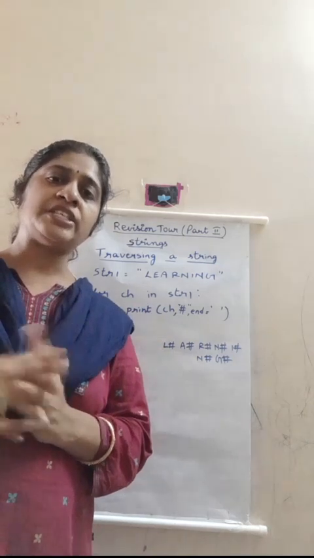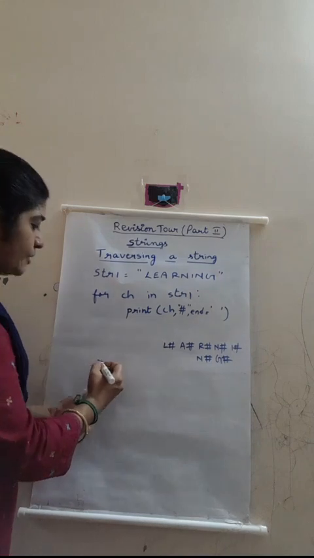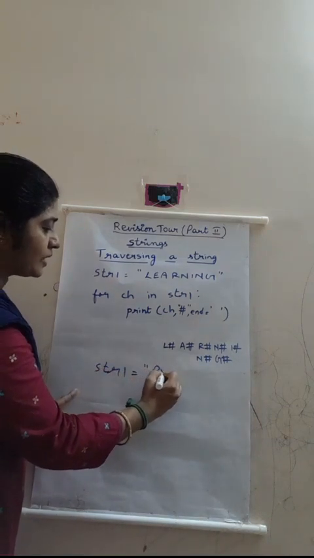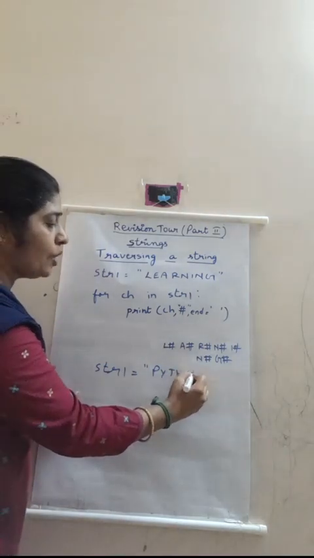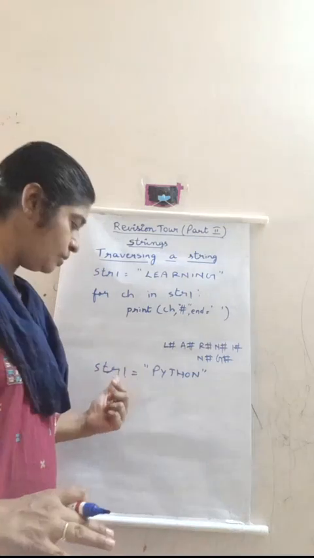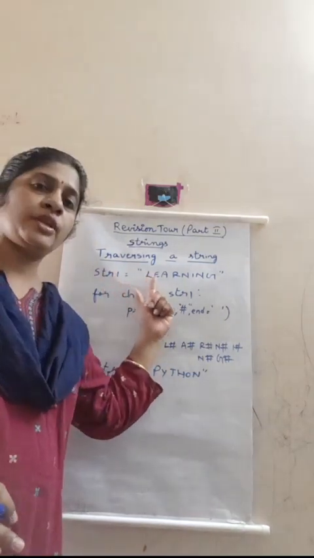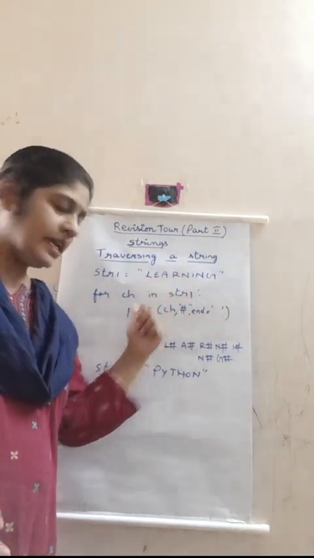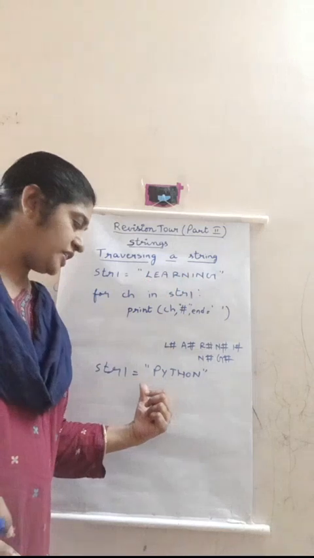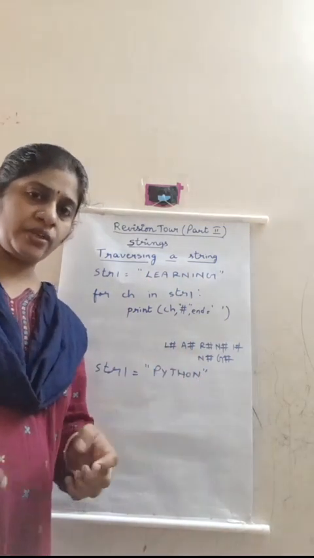You cannot change individual characters in a string. If you want, you can change the value of the whole string, like str1 is equal to Python, the complete value, because now str1 will reference another location. Here it will reference the location of learning. Here it will reference the location of Python. It will change the location over here. But an individual character of a string you cannot change.